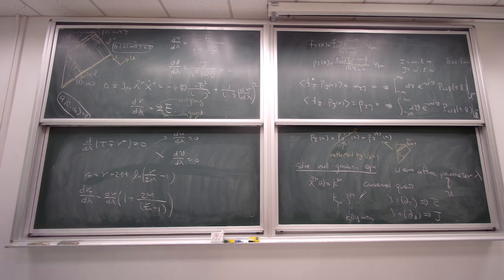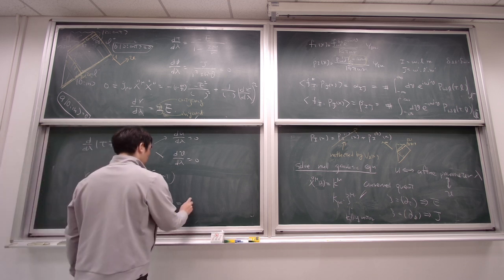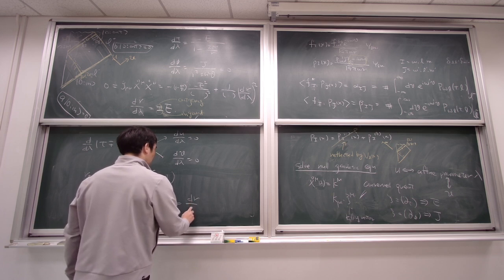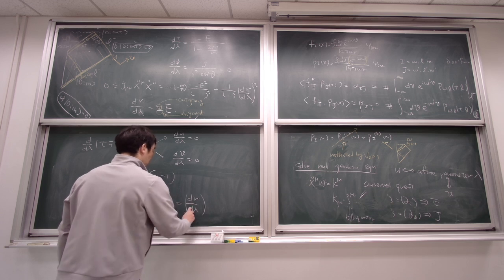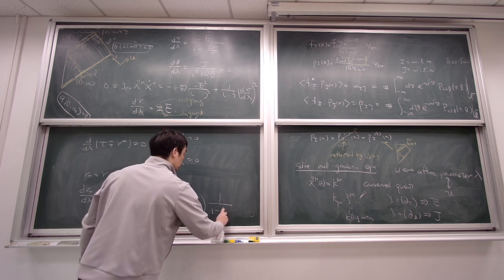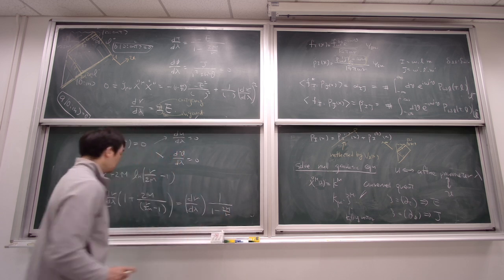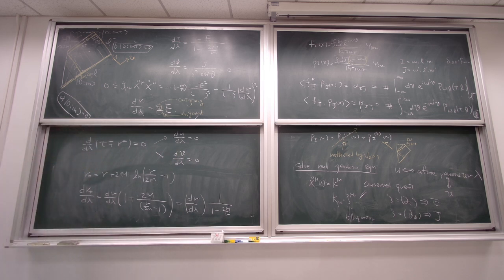Do you agree with me? Then if you just do the computation, this is equal to dr over d lambda times 1 over (1 minus 2m over r). Am I correct?